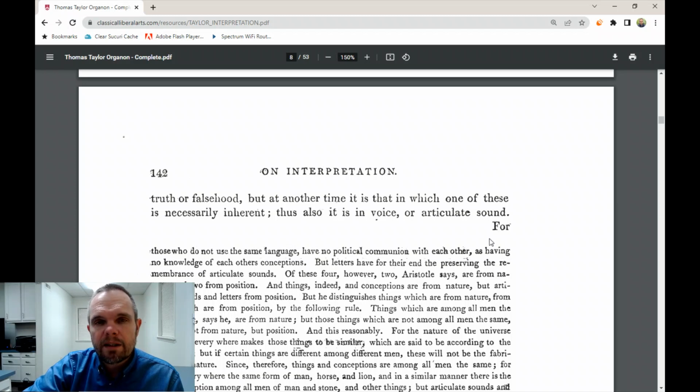So just as there is truth and falsehood in the mind, that's another discussion. If you'd like to learn more about truth, I would recommend you look it up in Aristotle's Ethics. He talks about what truth is. So also in the voice or articulate sound, there can be sometimes truth or falsehood and sometimes not.